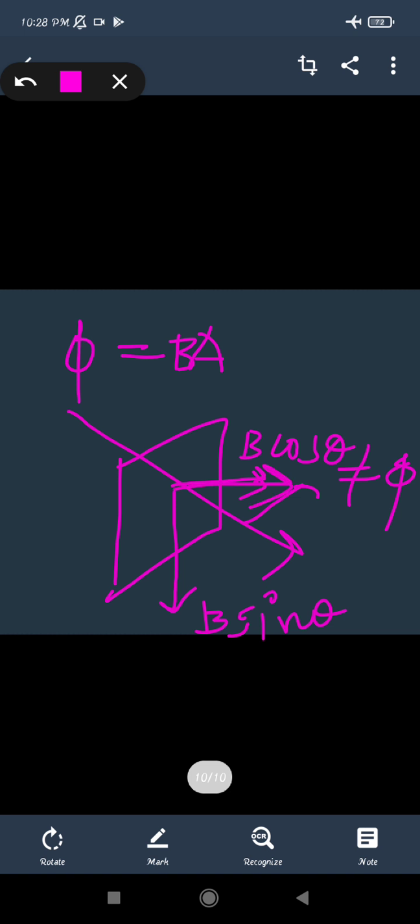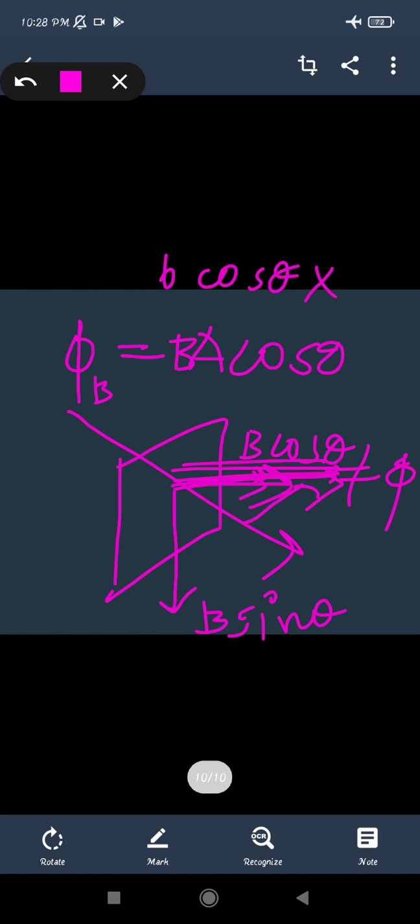That is the component which will be the flux. The horizontal component of the magnetic field will be taken as the flux. So phi B, the magnetic flux, can be given as BA cos theta, that is, B cos theta, the horizontal component of the magnetic field, along with the area of that surface. So this is the value for the magnetic flux.